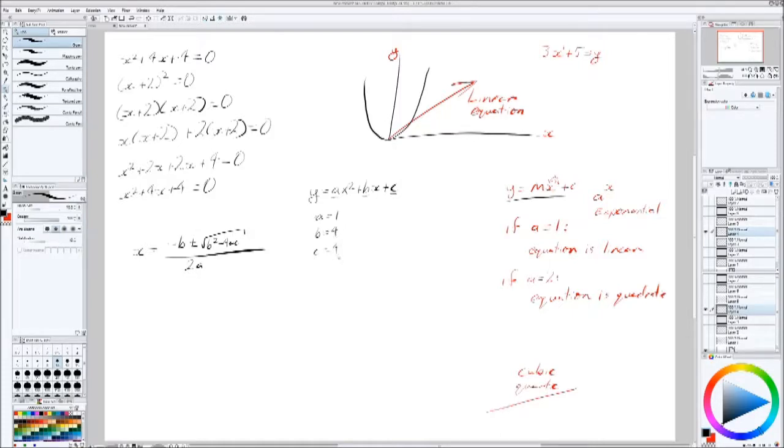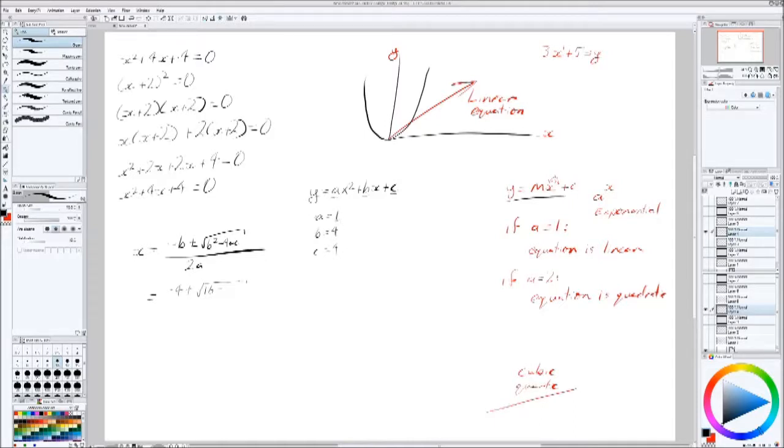So we can plug this in, and we can go, okay, negative 4 plus minus the square root of 4 squared, which is 16, minus 4 times a and c.